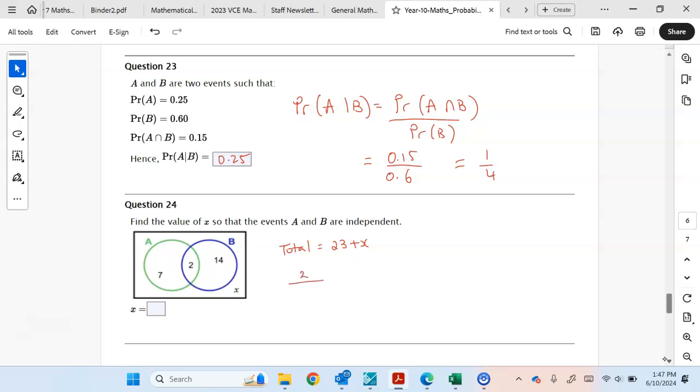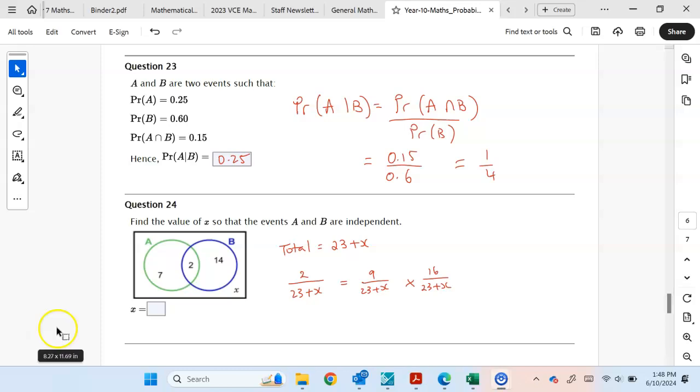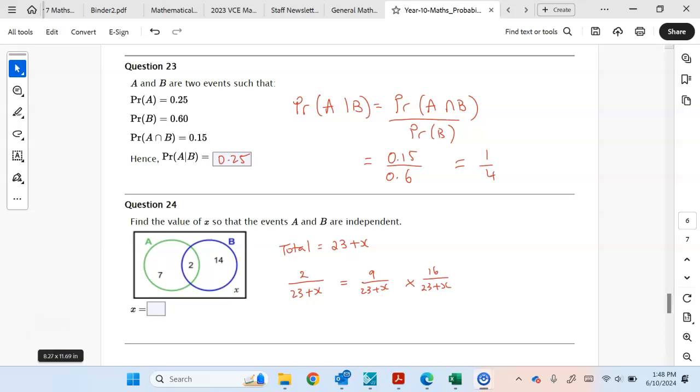So 2 over 23 plus x is equal to the probability of A, which is 9 over 23 plus x, times 16 over 23 plus x. I'm just going to use solve on my calculator, and I get 49. I think it'll be so high, but anyway, let's keep moving on.